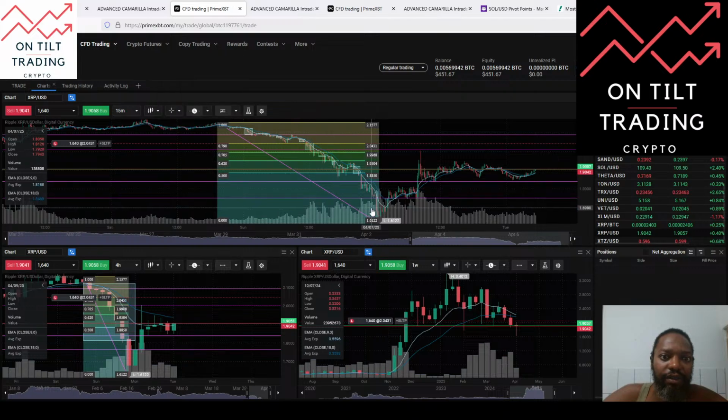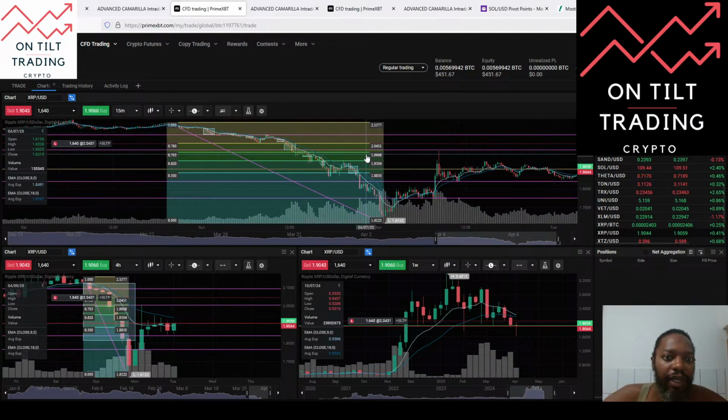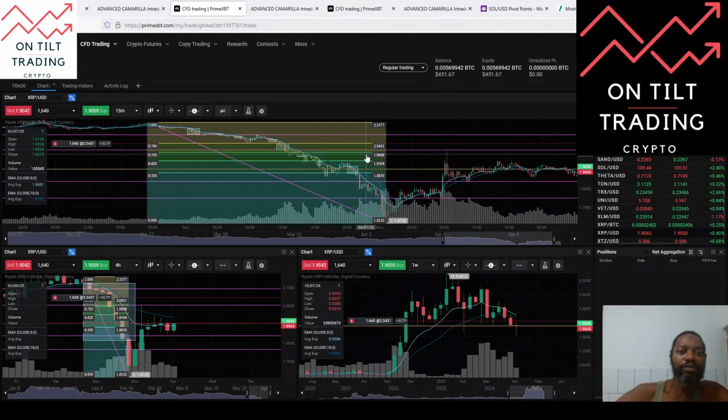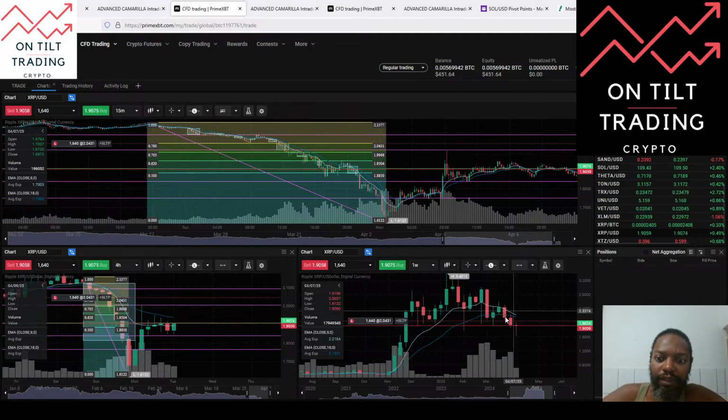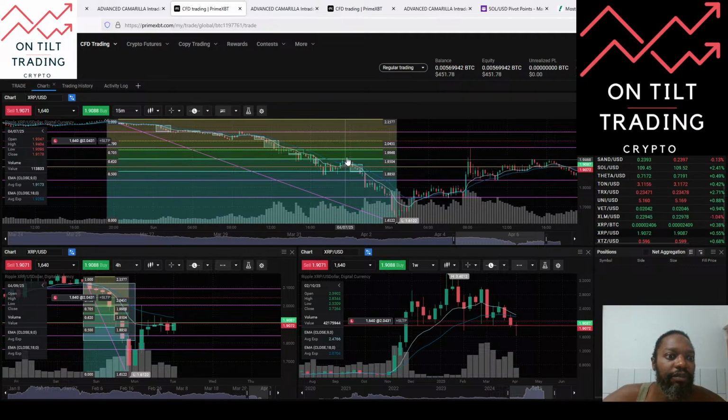Also having some concerns about pullback for these particular currency pairs, just in case they do get a bit aggressive. Also with this particular currency pair here for Ripple, having concerns about these moving averages here not being in the position I would like. So being concerned about some potential pullback that may be more aggressive than I had originally anticipated.